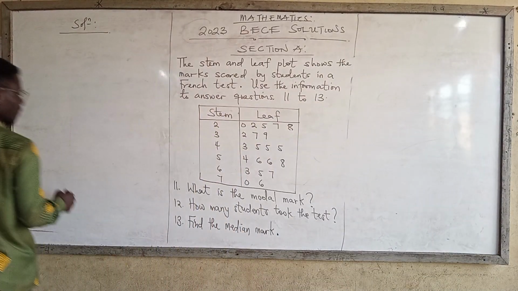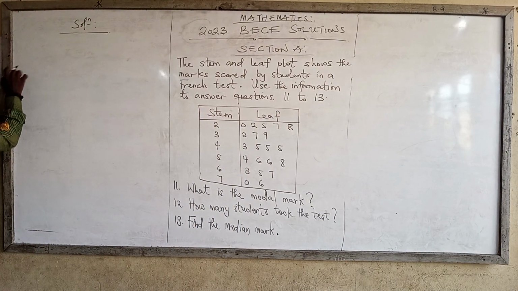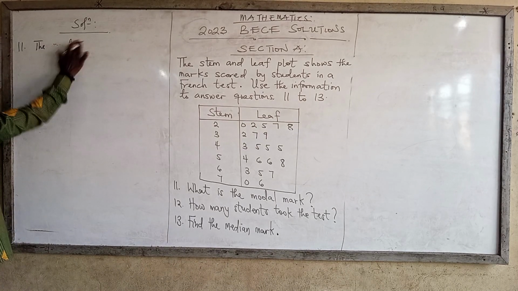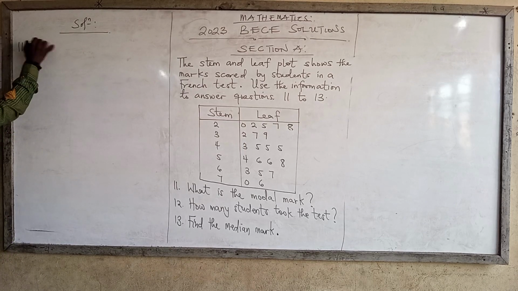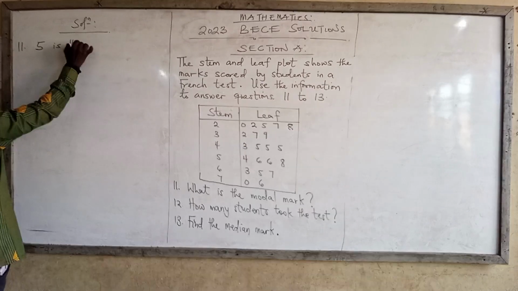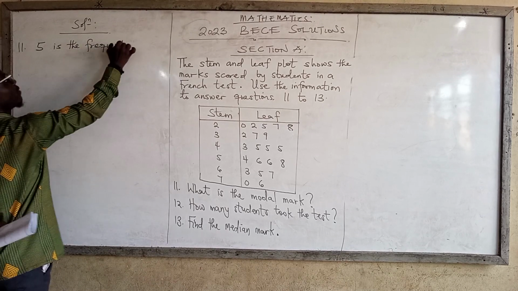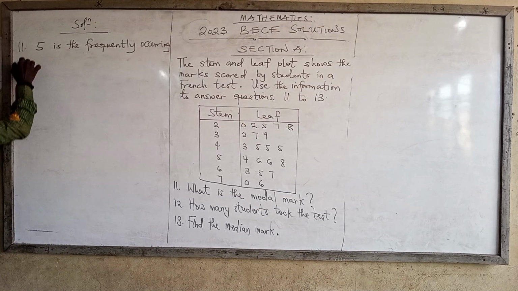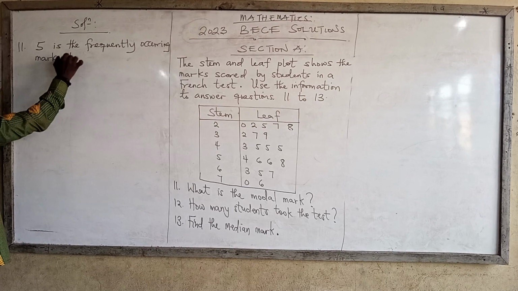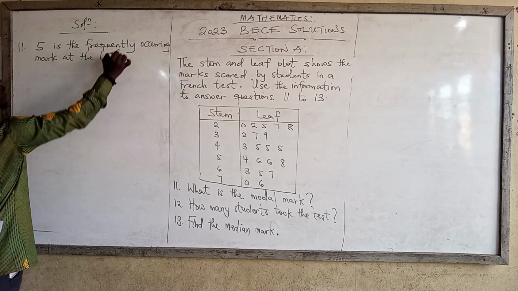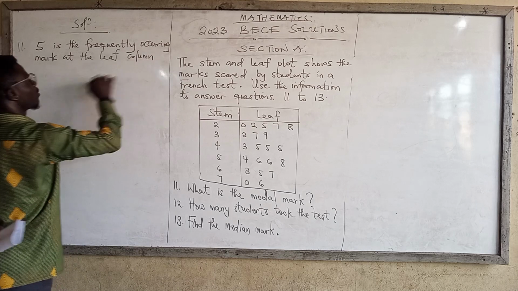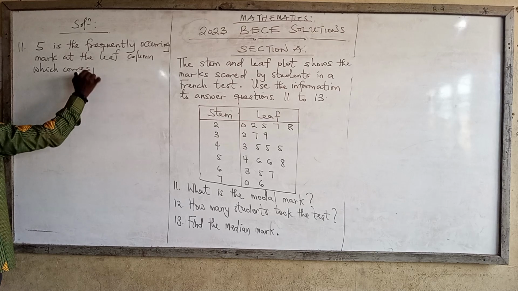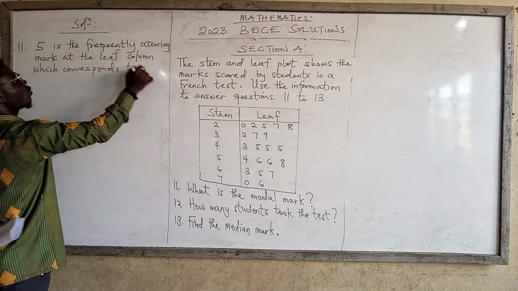So we can say that 5 is the frequently occurring mark at the leaf column, which corresponds to 4.